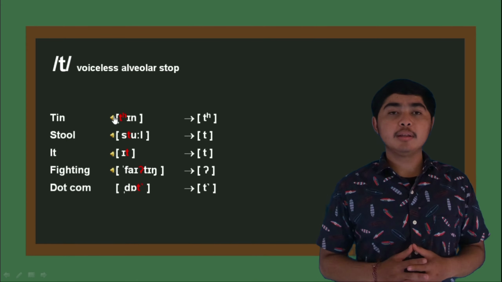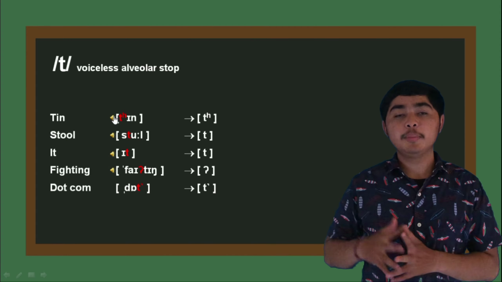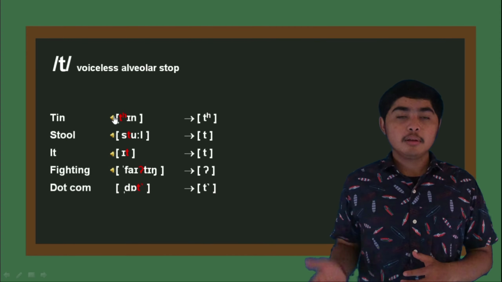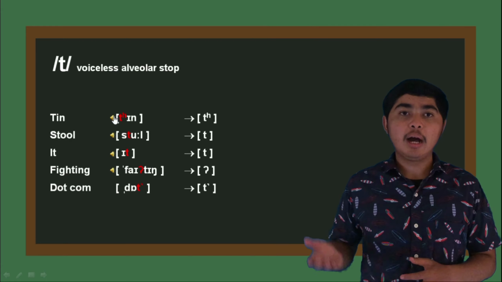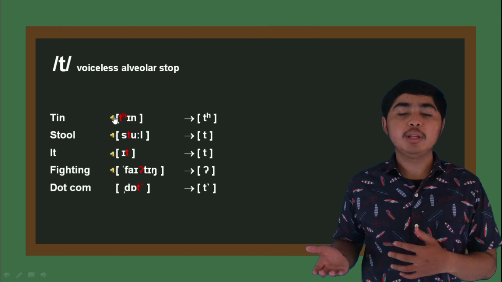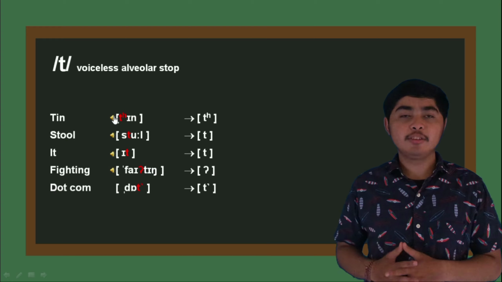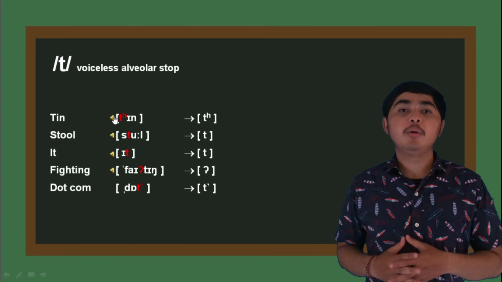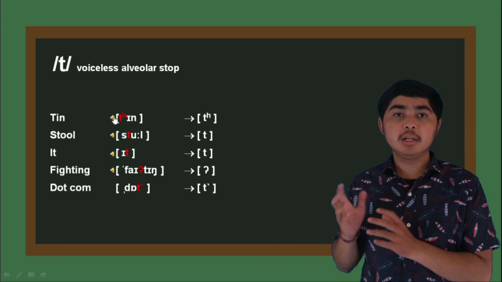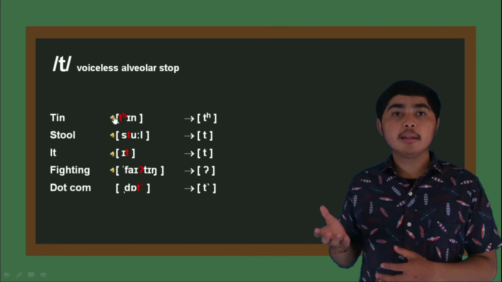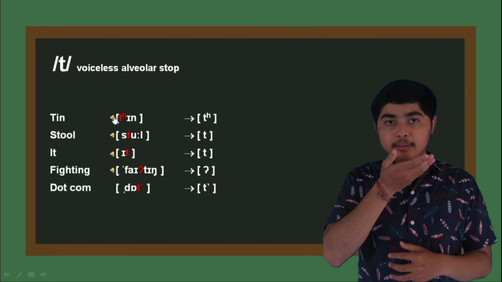Start again with another phoneme, the t phoneme. Please pay attention to the phonetic transcription and the phoneme realization. From this data, we can make a generalization that if this phoneme occurs in word initial position, it becomes aspirated, just like in tin.